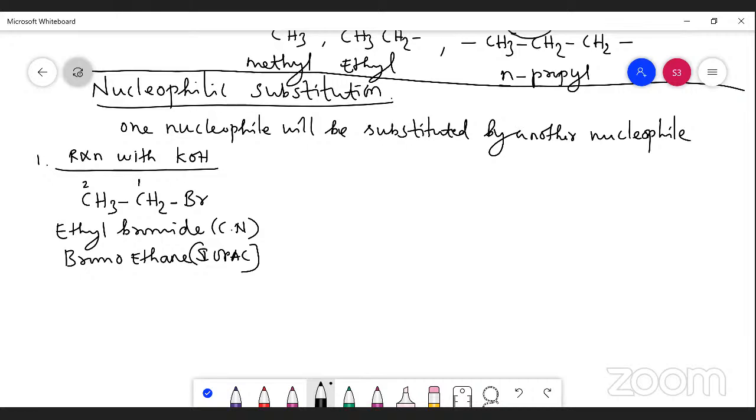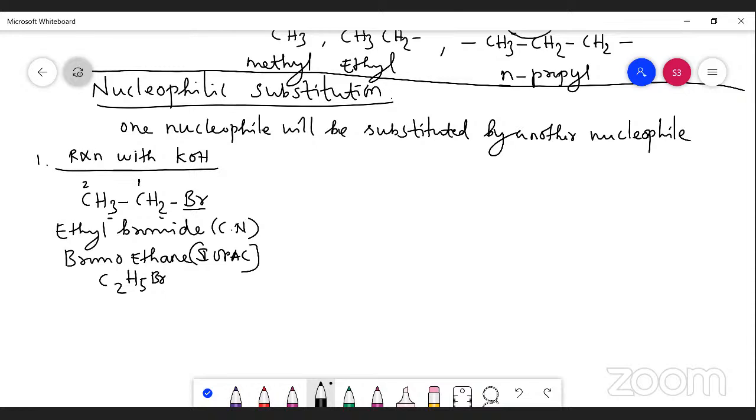So 2 carbons. How many hydrogens totally? Here 2, here 3, so totally 5 hydrogens and 1 halide group. Shortly we can say C2H5Br. Ethyl bromide is C2H5Br. This is one example of a haloalkane.